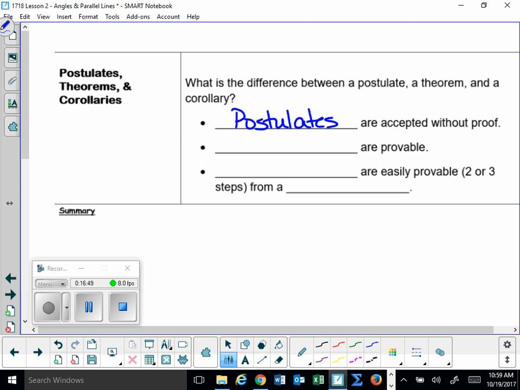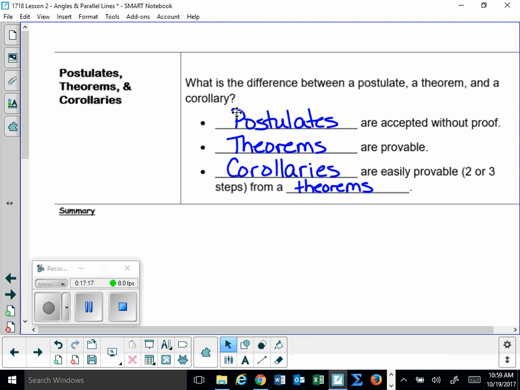They're the things that mathematicians all agreed we would accept as true, even though we have no way to prove them. Theorems are provable. And corollaries are easily provable. It just takes one, two, or three, sometimes even one, step away from a theorem.